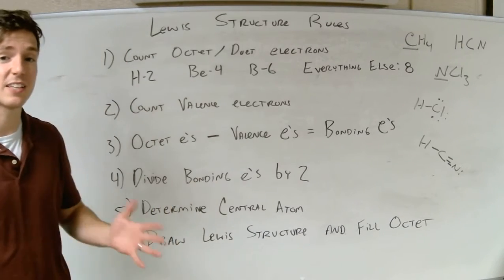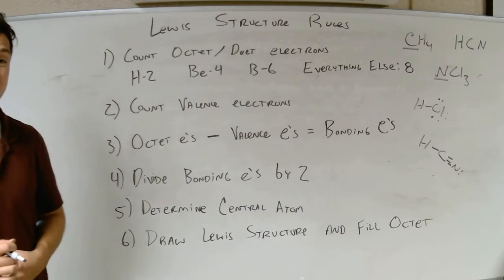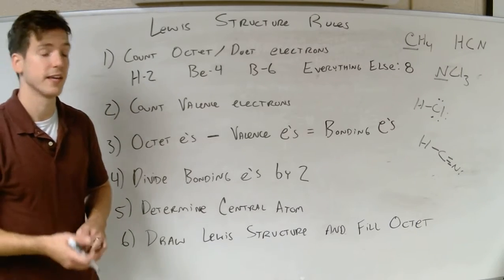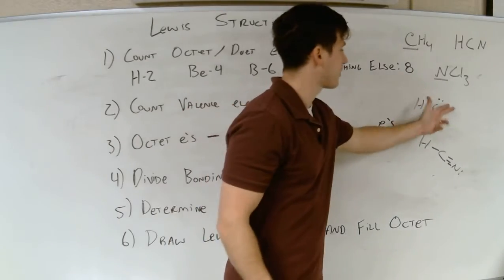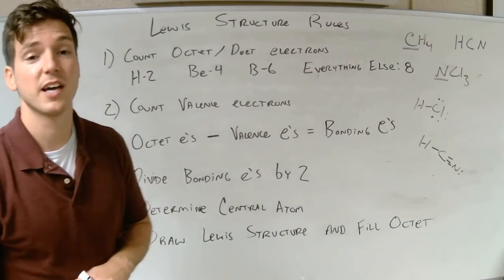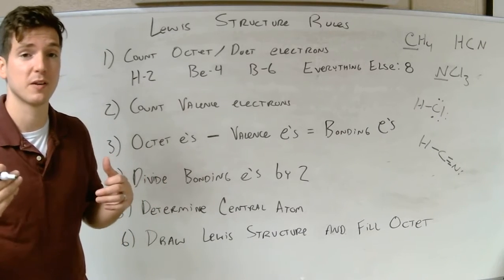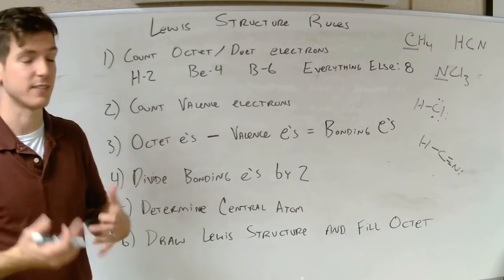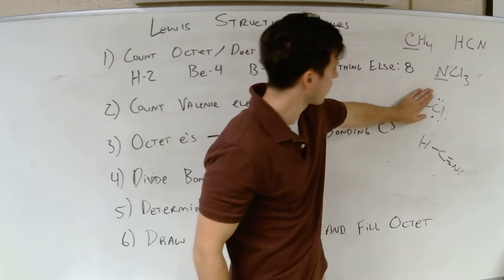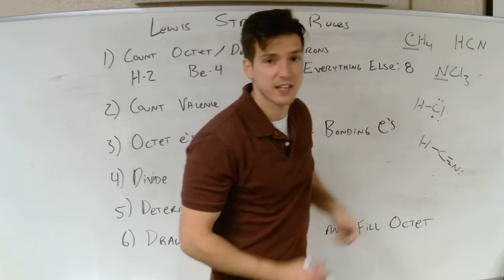And last but not least, number 6, we have to draw our Lewis structure and fill the octet. As you've noticed, I've drawn lone pairs around some of these atoms. That's because I need to make sure that all the atoms are surrounded by what they want to be surrounded by, which for the most part is 8. If I look at chlorine right here, it's surrounded by 2, 4, 6, 8 electrons.